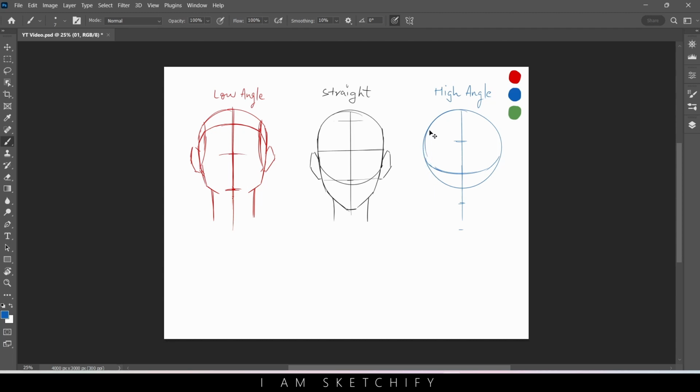Now we'll find the side planes of the head. Moving on to the jaw.